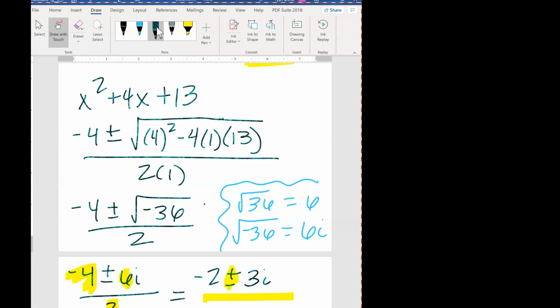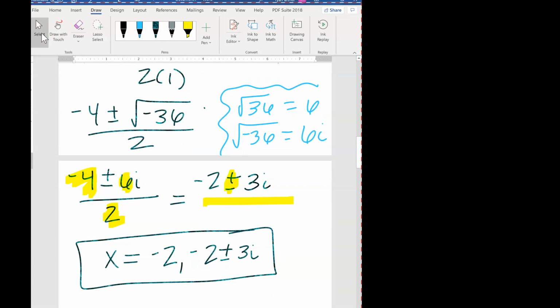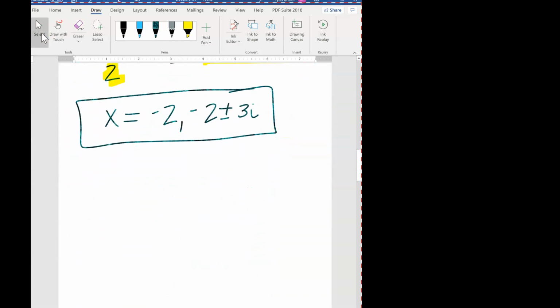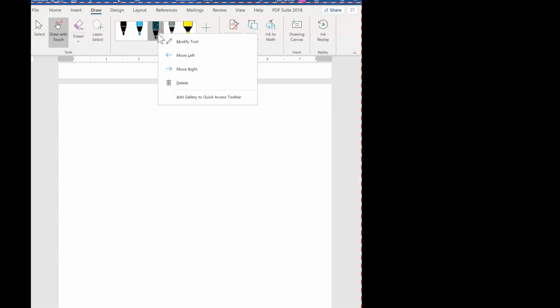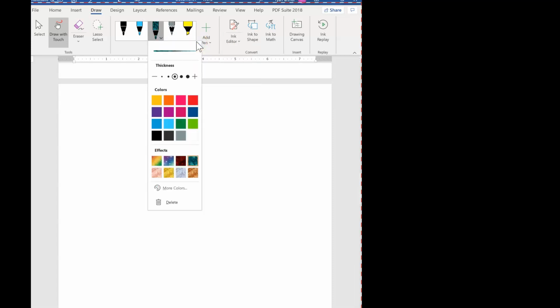All right, let's go to a higher order polynomial. I'm just going to go to a new page. All right, so number 3 is going to be a 4th degree polynomial. You know I like my different colors.